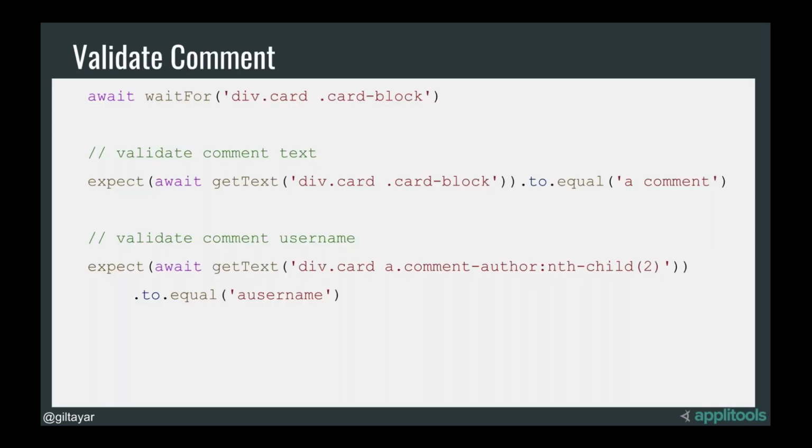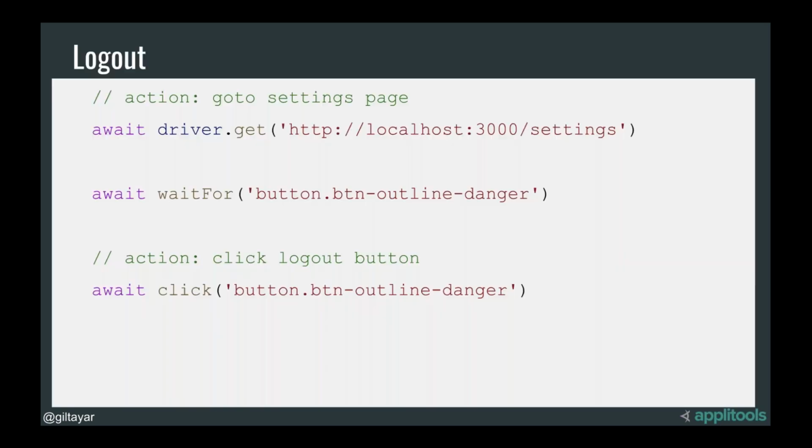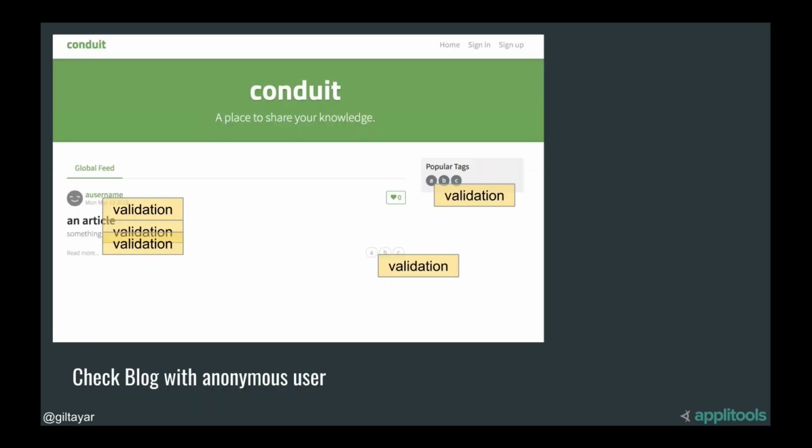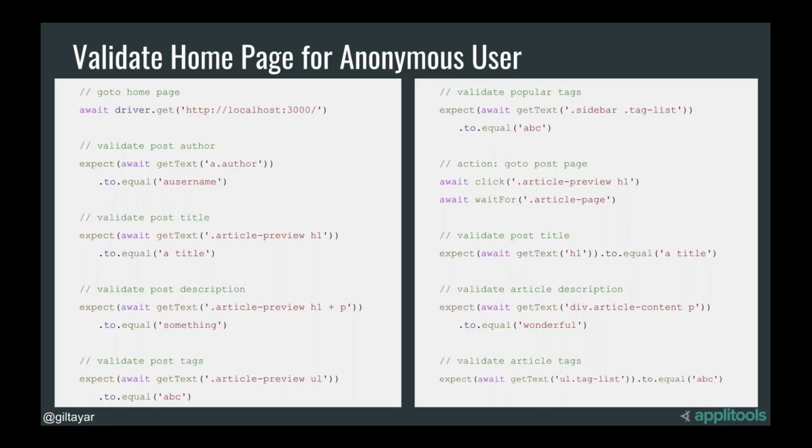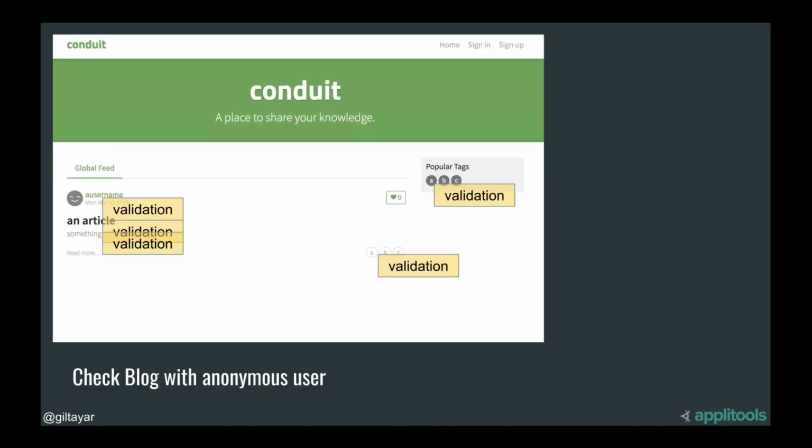The more complex the page is, the more validations we need to do. And the ultimate example is checking that the homepage is correct after adding a post. We have so many validations to check for that it becomes a really long validation. Moreover, nobody assures us that we've validated everything. We validate what we know, but we don't validate what we don't know.